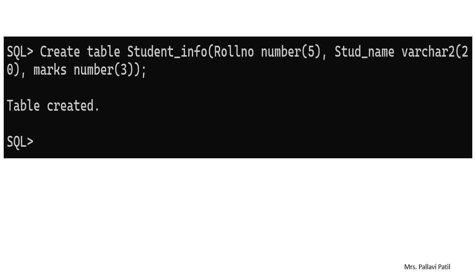Here I have used this command: create table student info, roll number number 5, student name varchar2 size 20, then marks, data type is number and 3, and a semicolon is given. After pressing the enter key, if there is no error, then you will get the message table created. If you get this message, table created, then your table structure has actually been created in your database management system.